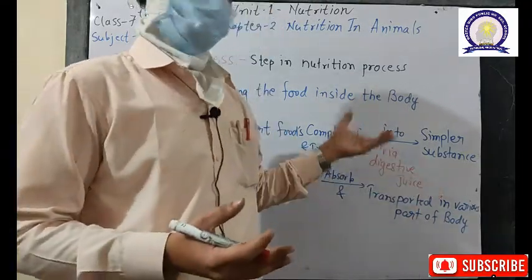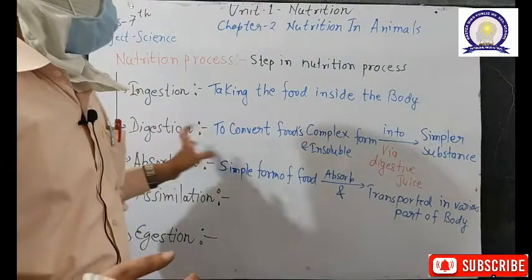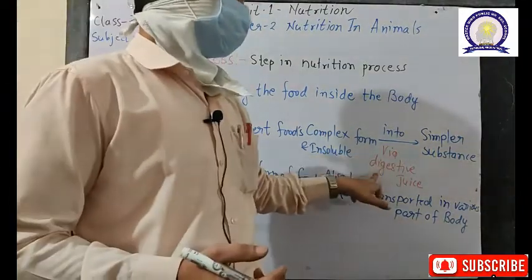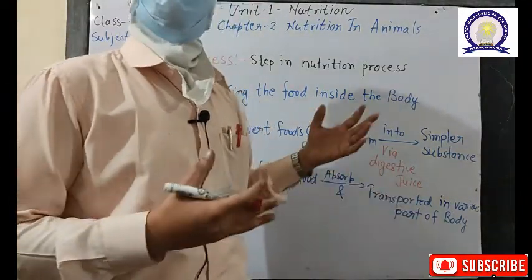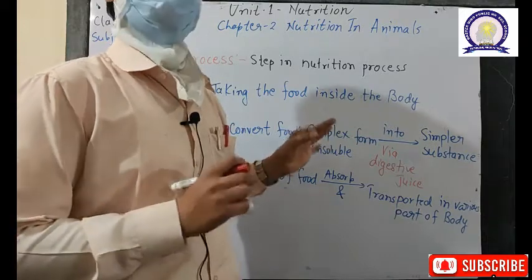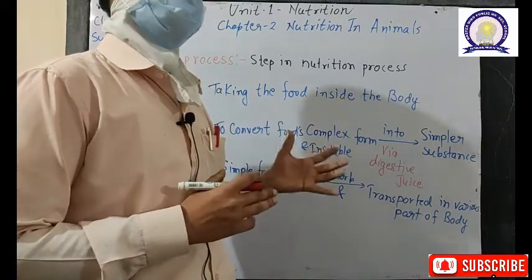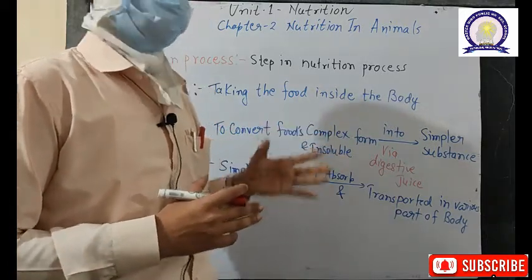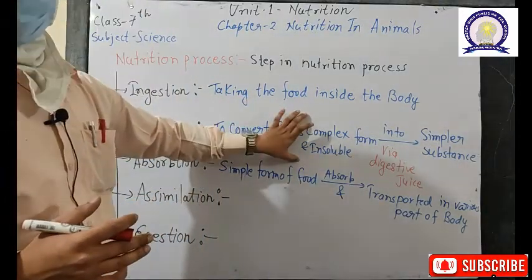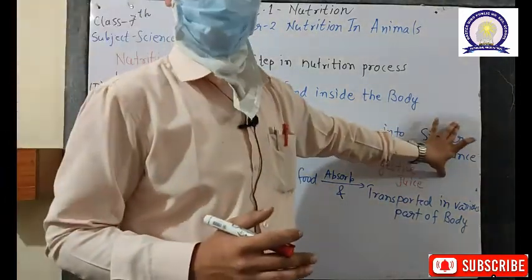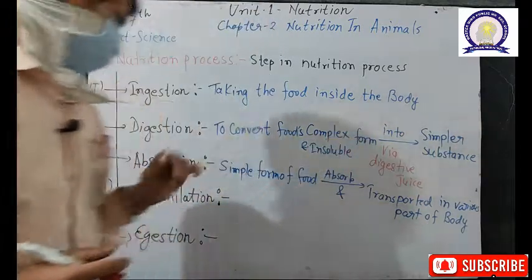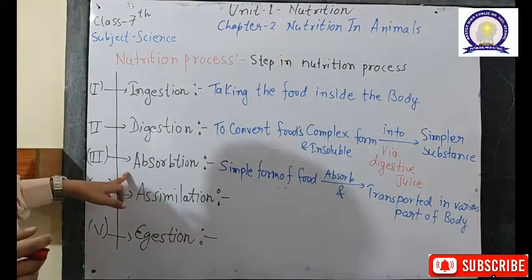How do we do this digestion? Via the use of digestive juices and various chemical substances, also called enzymes. So via enzymes and digestive juices we digest our complex food substances into simple food substances.